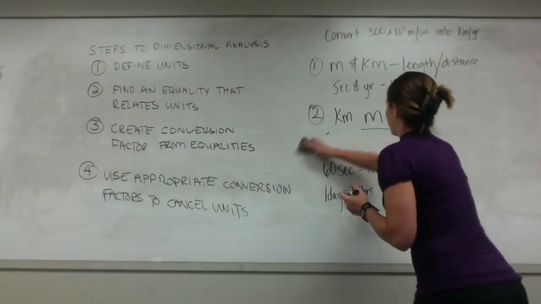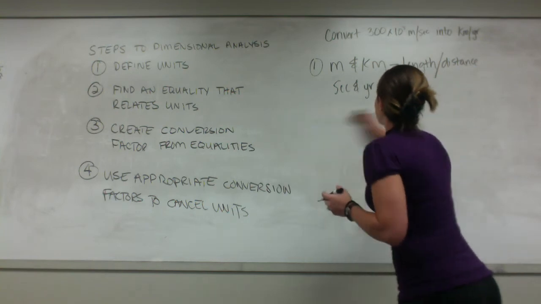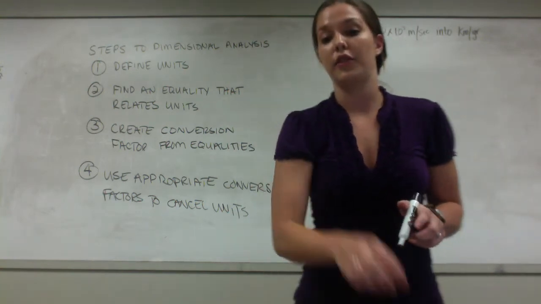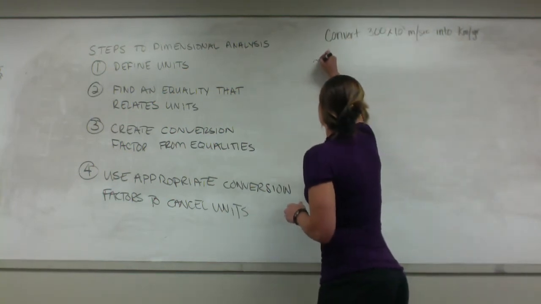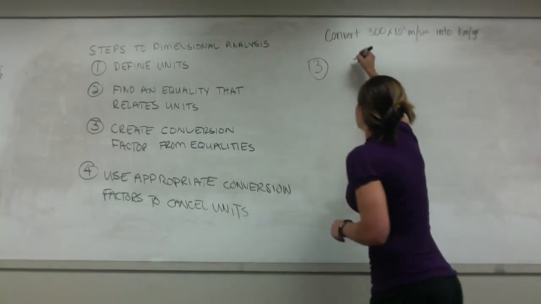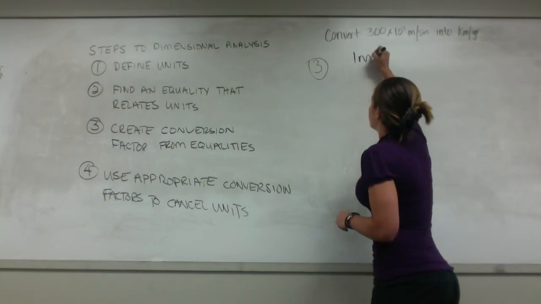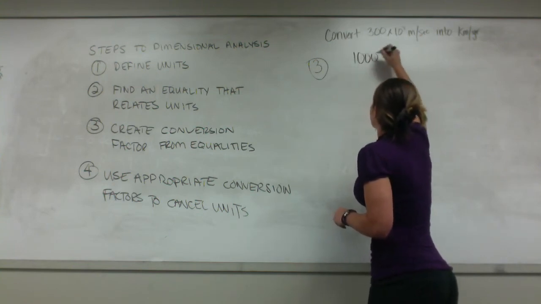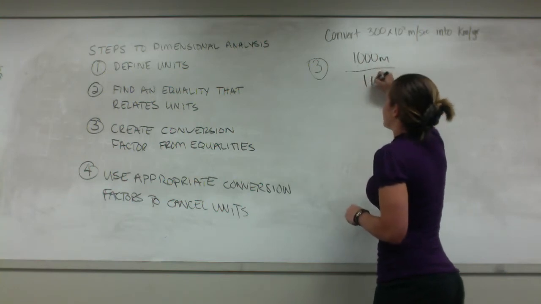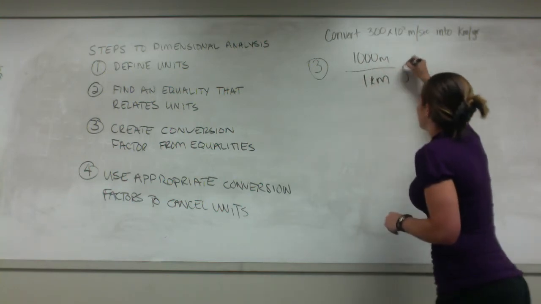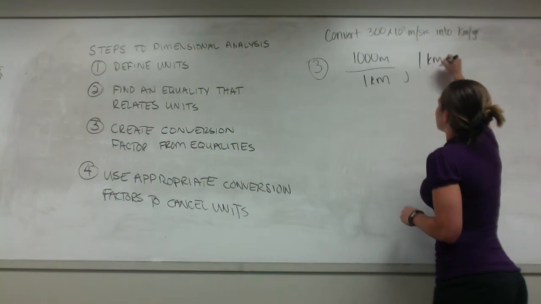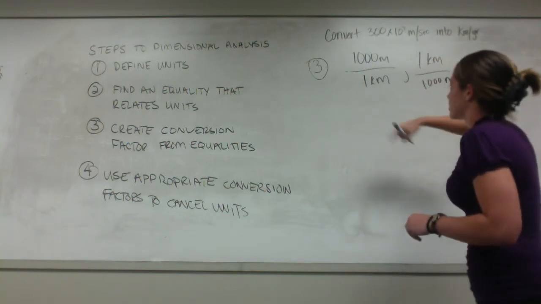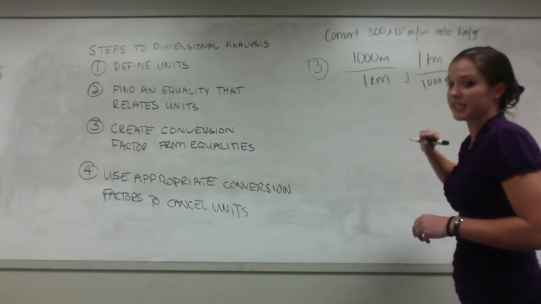So we can go ahead and move on to step 3, which is create conversion factors. So for 1 meter, you have 1,000 meters over 1 kilometer, or 1 kilometer over 1,000 meters. So that's our conversion factor for distance.